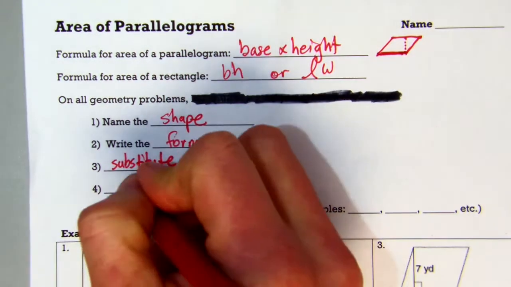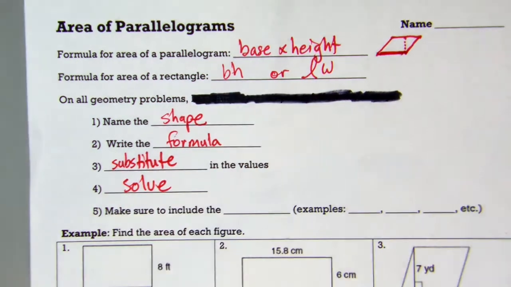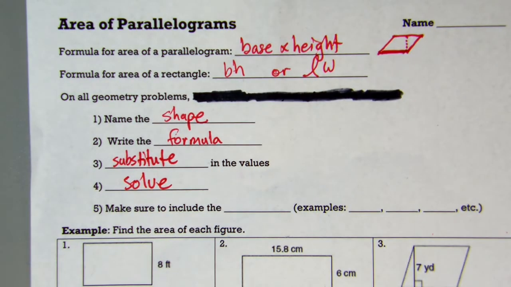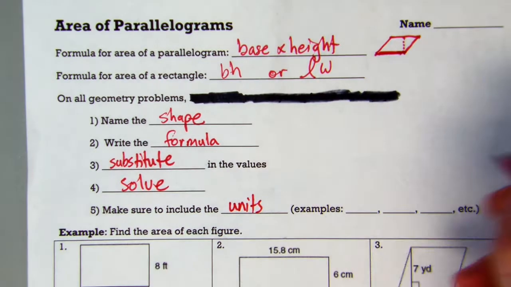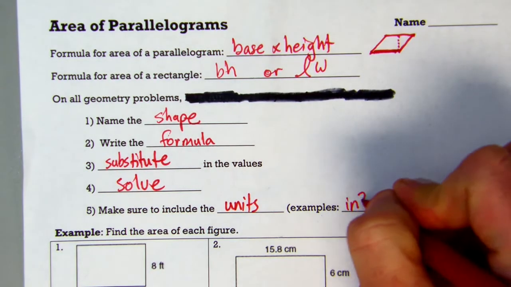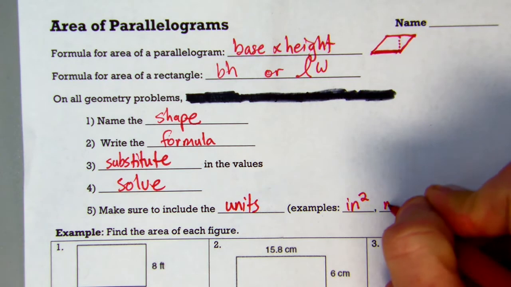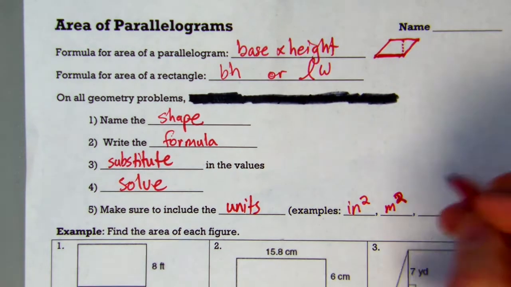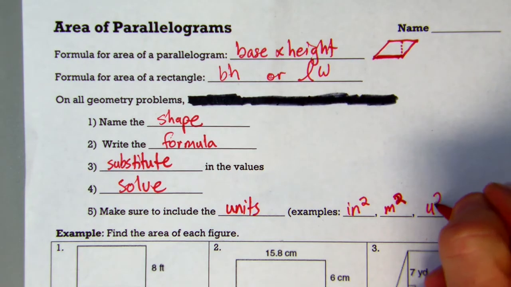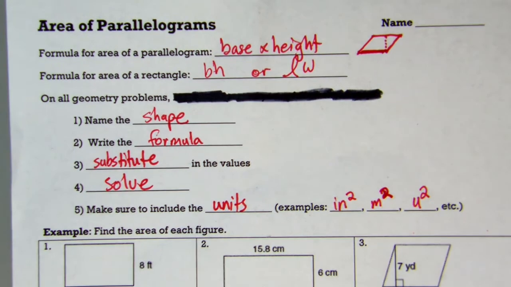And then we're going to go ahead and solve. After we solve our problems, we're going to make sure that we include whatever units we're working with. Okay? So for example, we could say inches squared, we could say meters squared. And if there's no units that go along with it, we say unit squared, we put a u squared there.